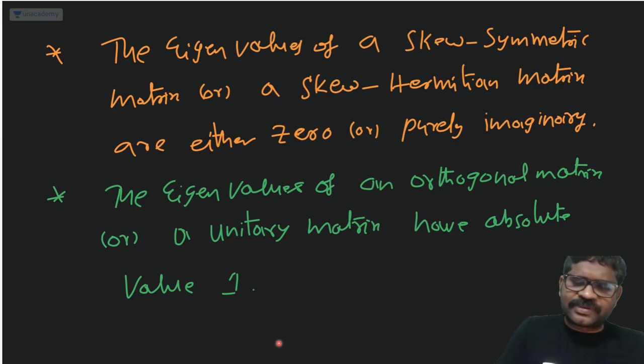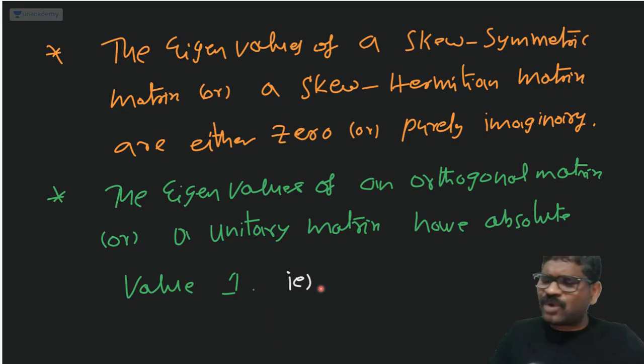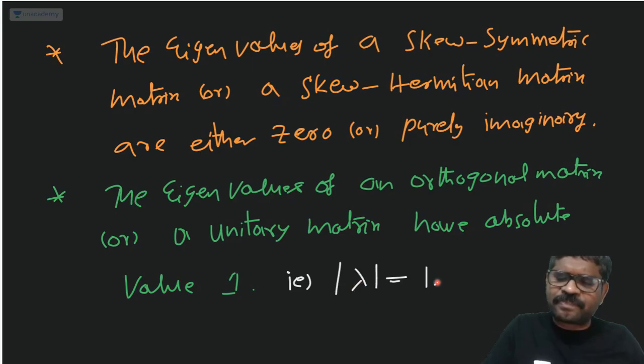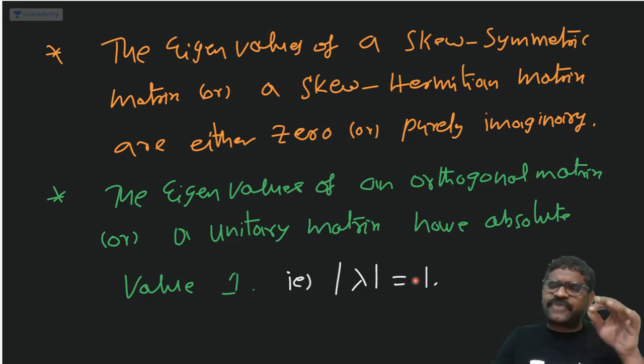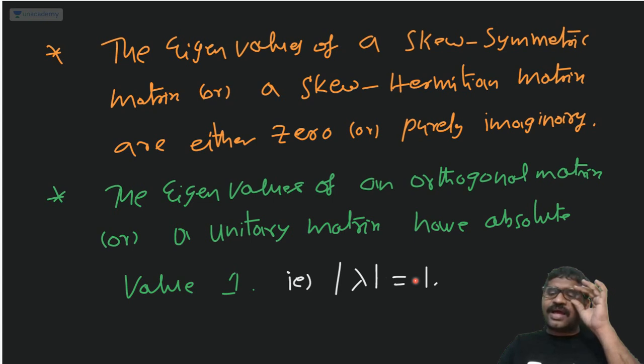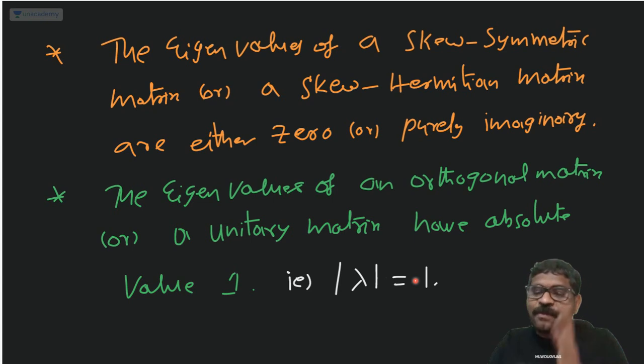Absolute value 1. Sir, what is absolute value? Modulus value 1. If lambda is an eigenvalue of an orthogonal matrix or a unitary matrix, mod lambda equals 1.